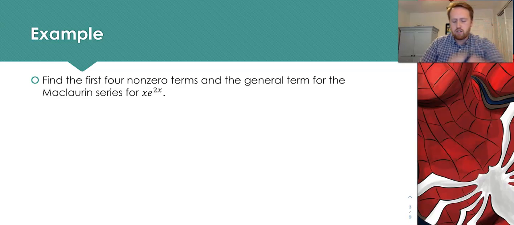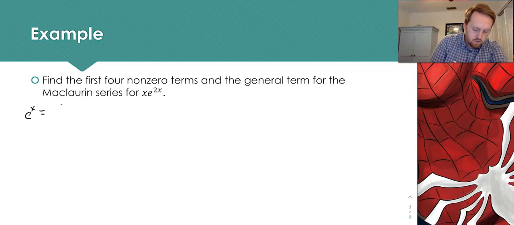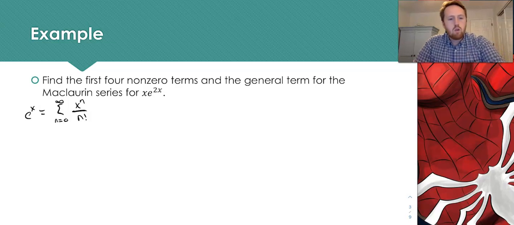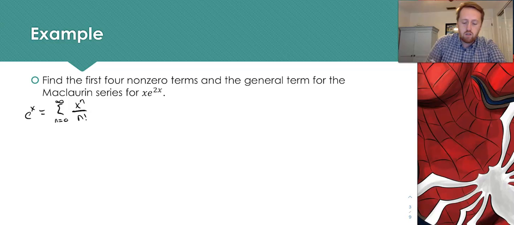Find the first 4 non-zero terms in the general term for the Maclaurin series for x e to the 2x. So to do this, I'm going to start with the Maclaurin series for e to the x. So there's my Maclaurin series for e to the x. The first thing I do, because I'm really just thinking order of operations, is I need to make that a 2x.